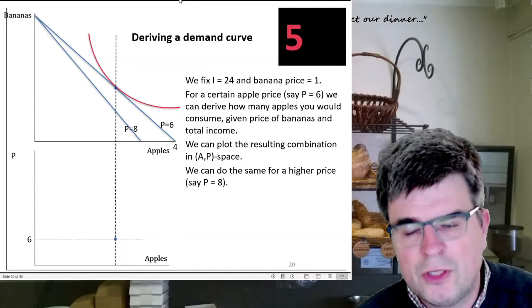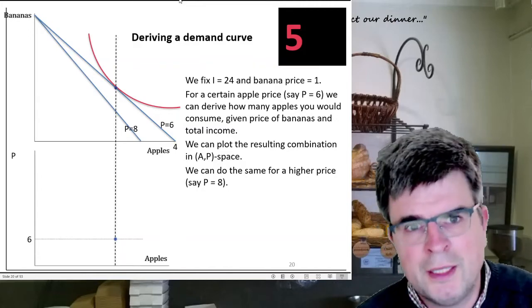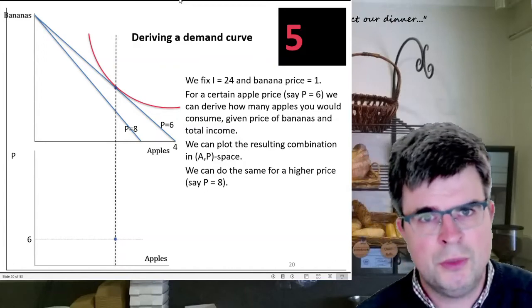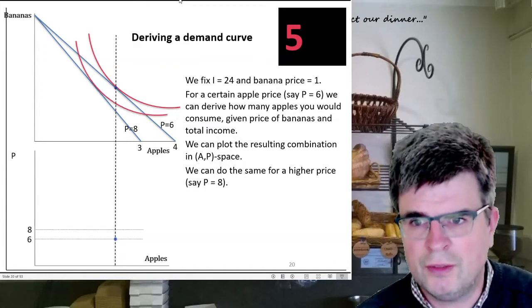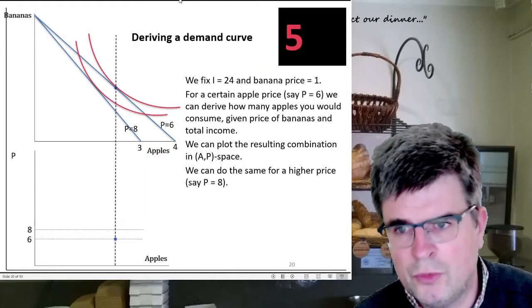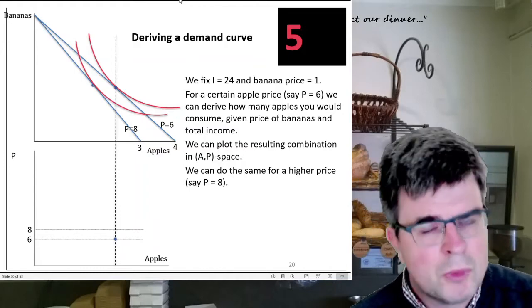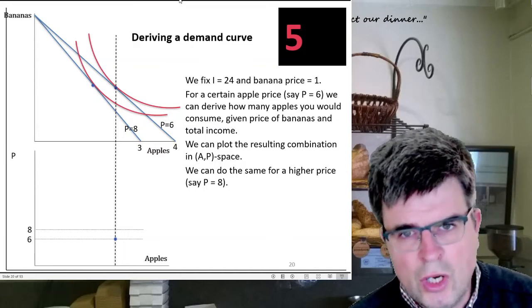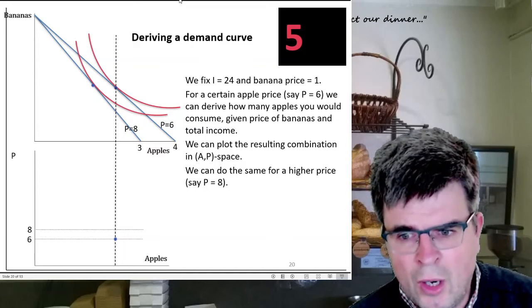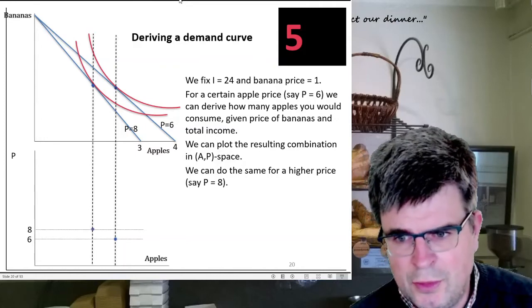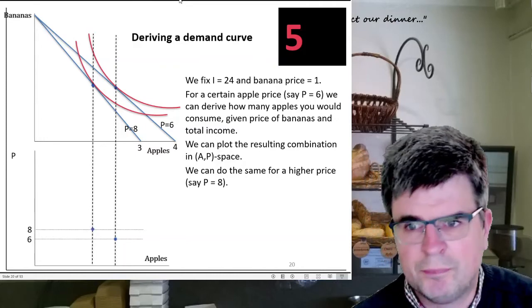So this is our new budget constraint at the higher prices. We're going to maximize our utility given this new budget constraint. We arrive at the indifference curve like the one over here. That's the one that is feasible. And our optimal consumption bundle is the blue dot. And in our bottom graph in AP space, this is the blue dot that is given.